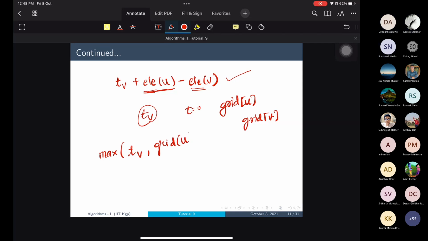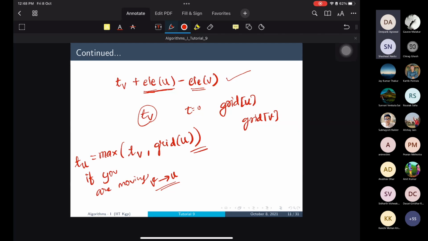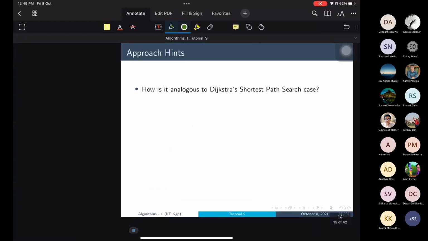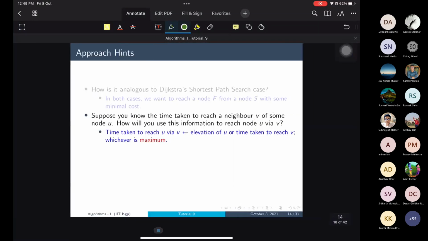So this will be the time taken to reach U if you are moving V to U, right? Yes, this is the right equation. Elevation of U or time taken to reach V, whichever is maximum.